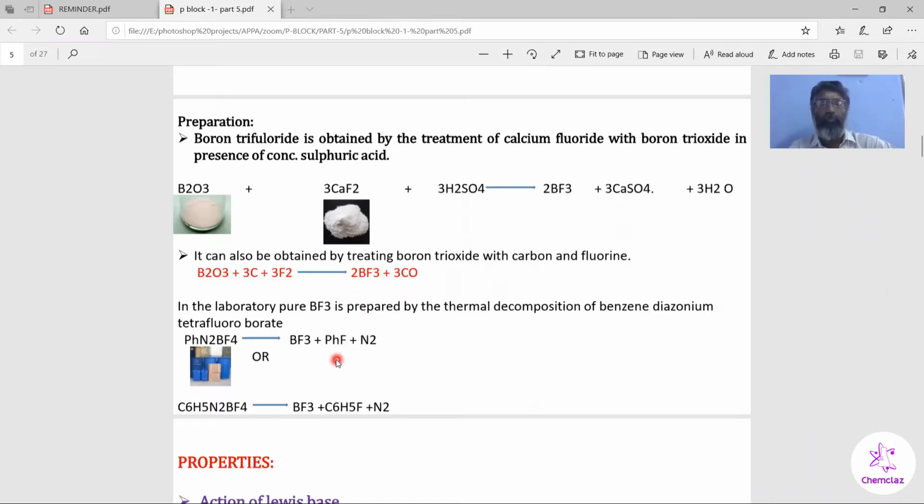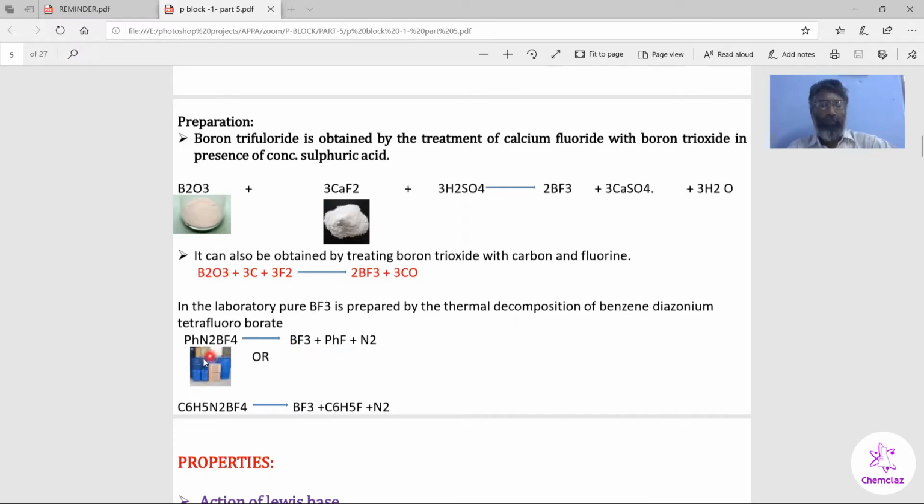The next one is benzene diazonium tetrafluoroborate. Benzene diazonium tetrafluoroborate undergoes thermal decomposition, which gives boron trifluoride, phenyl fluoride, and nitrogen.